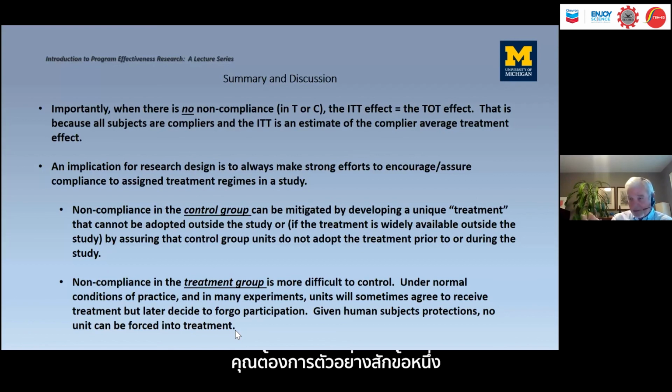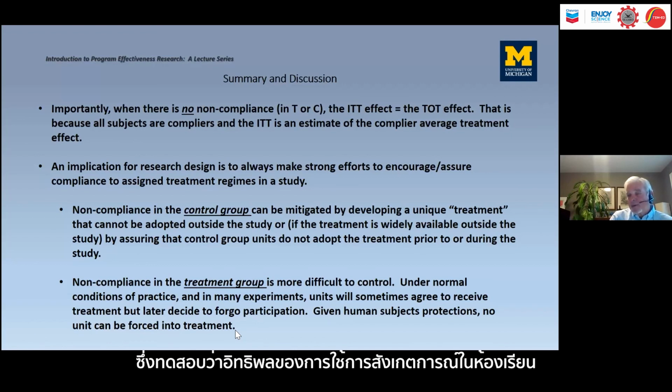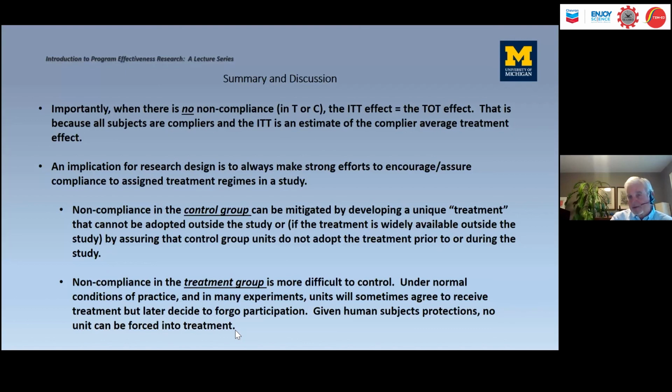I'll give you an example. I am aware of a study in schools in Chicago which examined the effect of using classroom observations as part of the teacher evaluation process. What was the effect of that on student learning?